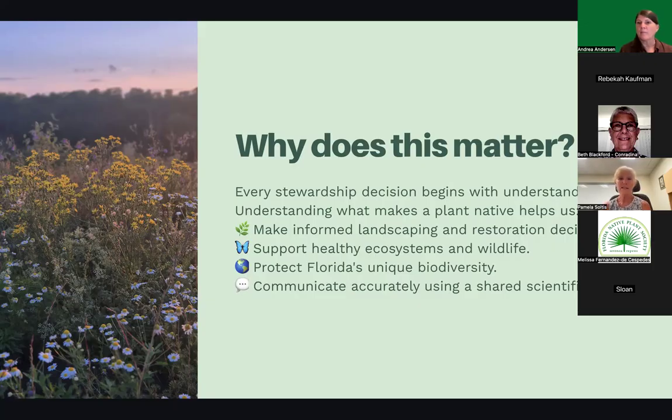And so I think this program that you're all embarking on is a great opportunity to think about how we can look to the future and think about what the best directions are for conserving and managing not just plant diversity, but Florida's biotic diversity in general.